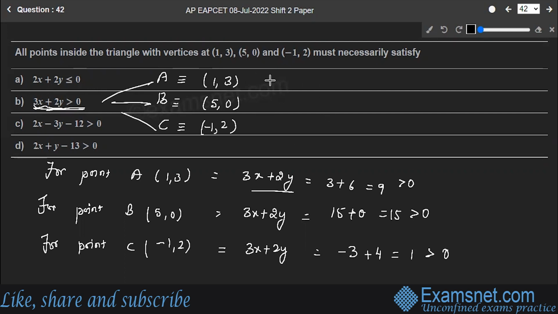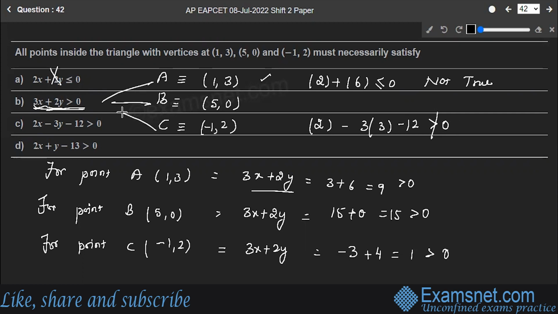If I'm checking for option A for point (1, 3), this will give me 2 + 6 is less than or equal to 0. This is not true. So option A is wrong. If I'm going for this one, then this becomes 2 into 1 is 2, minus 3 into 3, minus 12. Is this greater than 0?